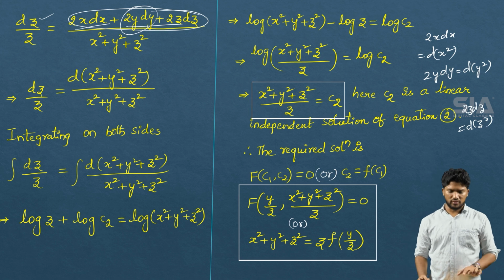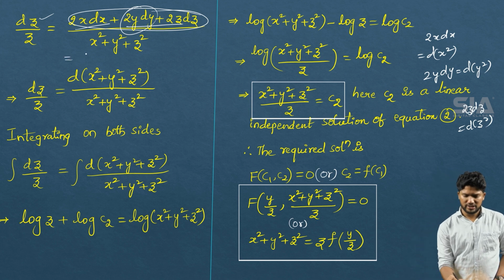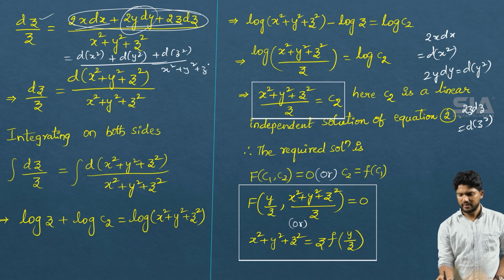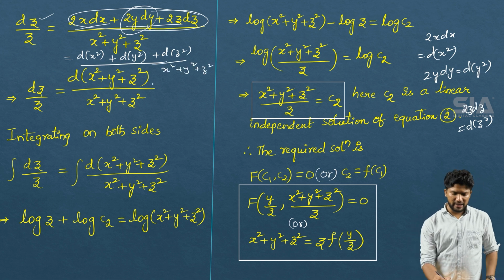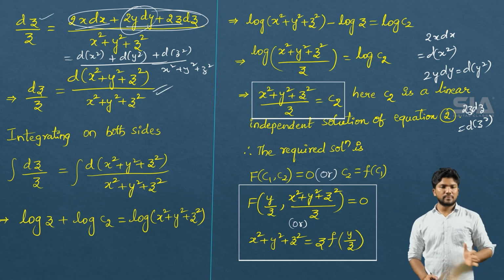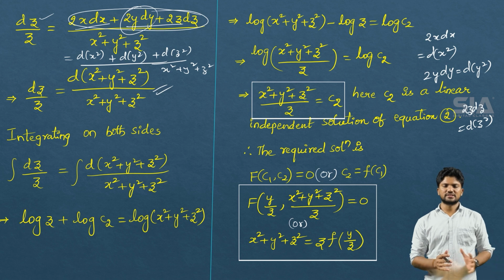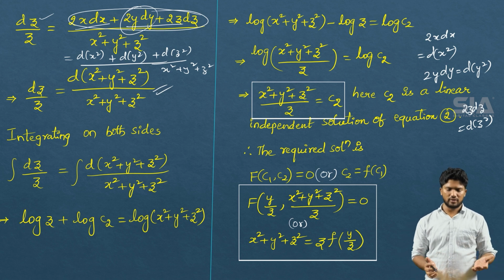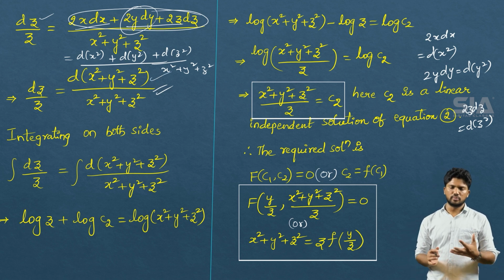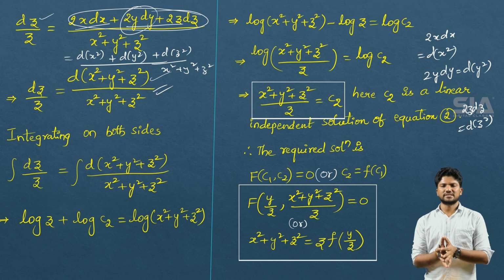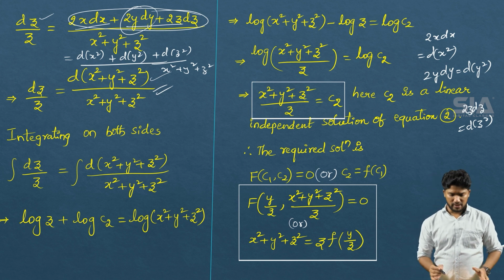So simply here we can write one more step: d x square plus d y square plus d z square by denominator value x square plus y square plus z square. From the numerator, if you take small d common, d of x square plus y square plus z square by the denominator value x square plus y square plus z square.